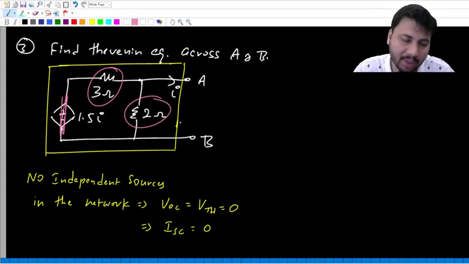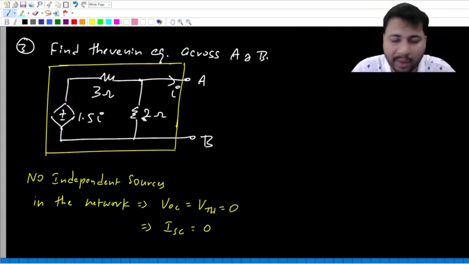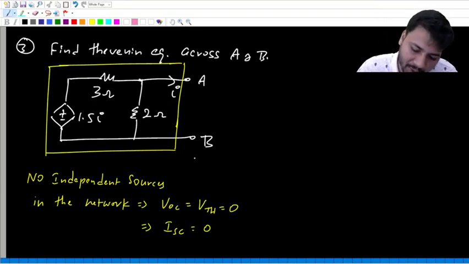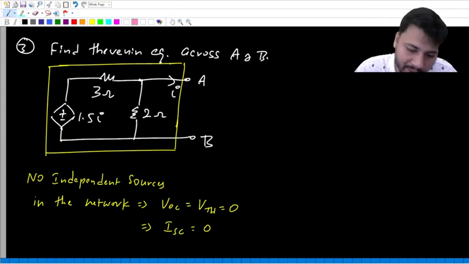That will be the Thevenin resistance. But here we have the dependent source. We cannot find the Thevenin resistance by using simple series parallel combination of resistors. So the only way to find RTH is by using that VT-IT method.